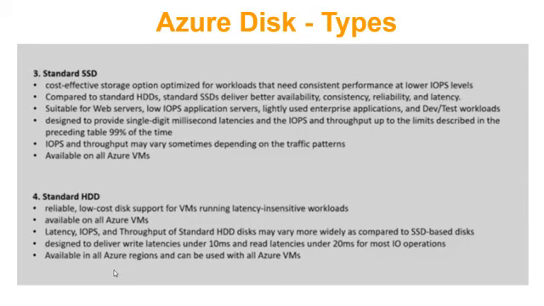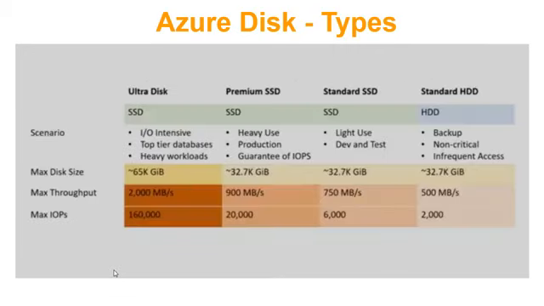So these are the four types. We'll see a comparison chart between ultra disk, premium SSD, standard SSD and standard HDD. See the scenarios. Ultra disk is for highly intensive, top tier, database heavy workloads.